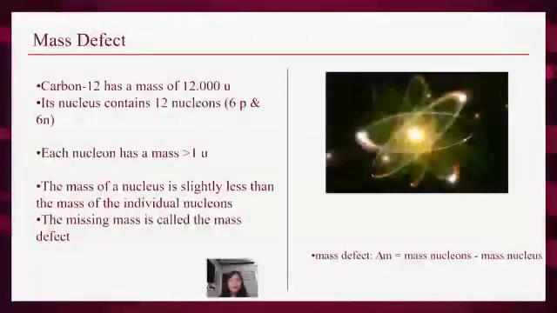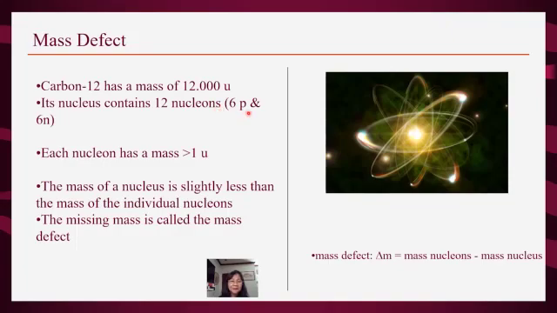The mass defect, as I said, is the difference between the total mass of the individual nucleons and the mass of the nucleus. For example, carbon-12 has a mass equal to 12 atomic mass units.